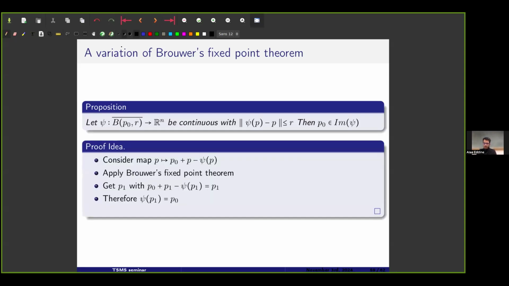And this is a direct application of Brouwer's fixed point theorem. Okay, maybe I will not even go into this.